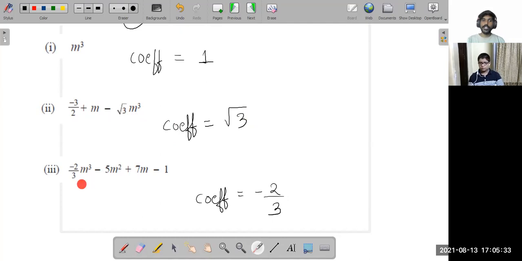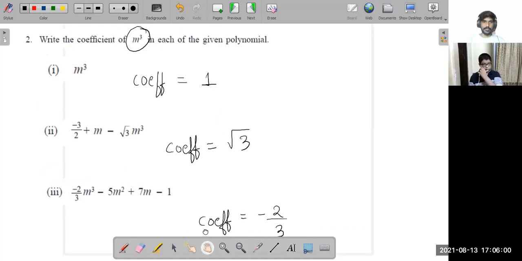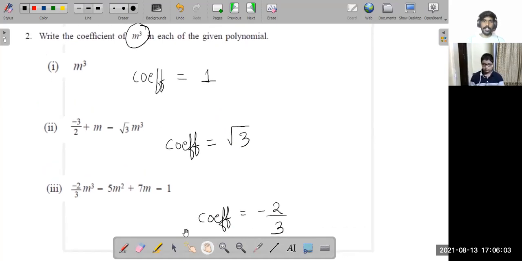And the coefficient in the third case is a negative fraction. So coefficient can be a negative fraction or integer or an irrational number. But the power of the variable cannot be these things. Clear? Write it down.